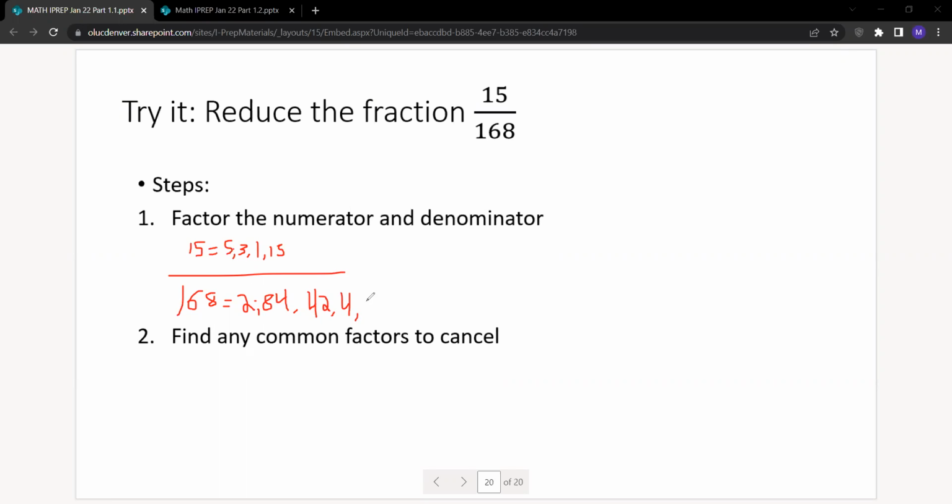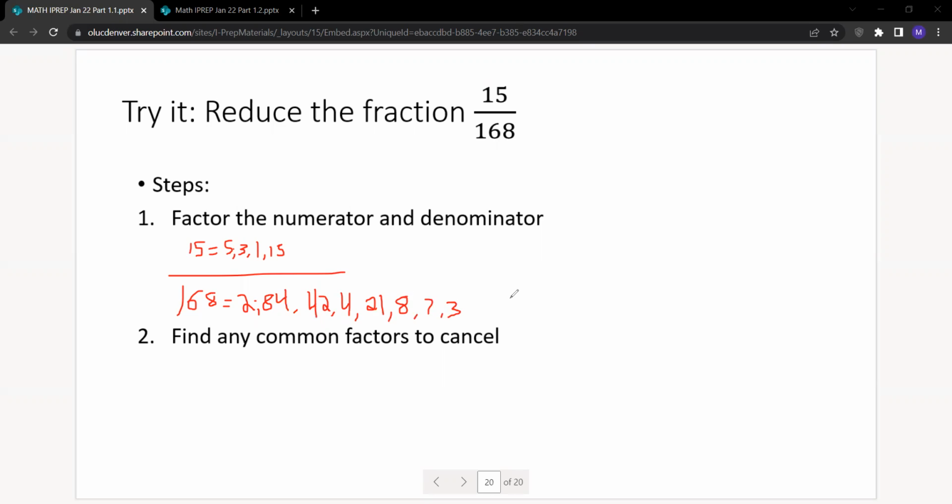We divide it by 2 again, so now we have 21. 21 times 8 is how we get that number. And then we can split these up a little bit more, right? So we have 8 already split into 4 and 2 over here. 21 can split into 7 times 3. I believe those are going to be all of our main ones.